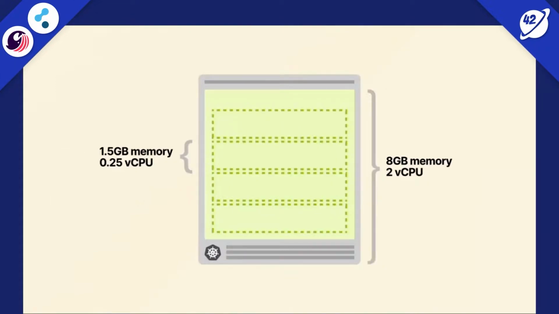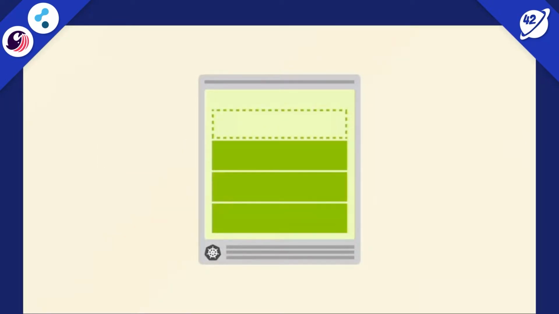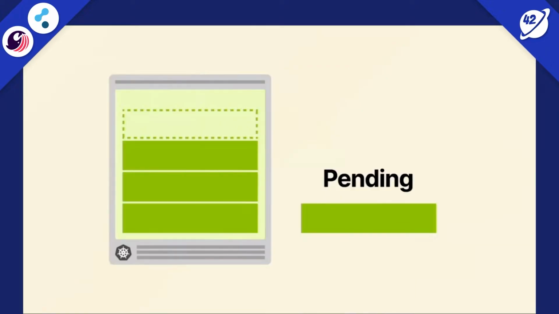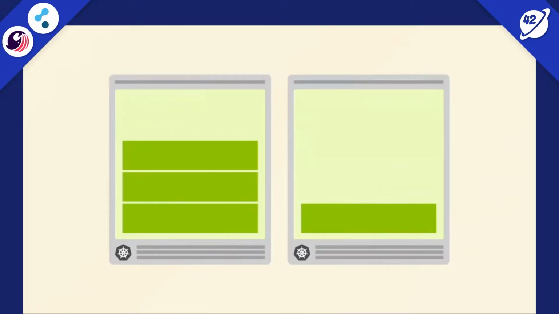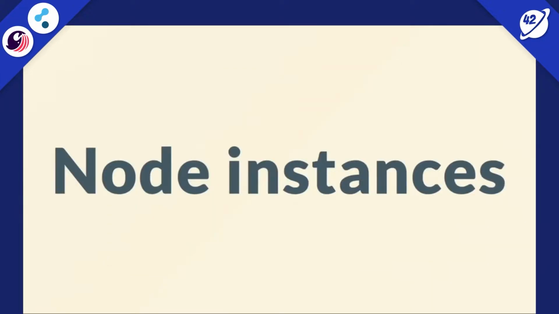So you'd be forgiven for thinking that if you get an 8 gig RAM and 2 CPU node from your cloud vendor, you could deploy 4 pods that are 1.5 gig RAM and need a quarter of a CPU. However, it's not quite so. One of those pods would remain pending, which, if configured, will of course cause the cluster autoscaler to go and create a new node, and then eventually your workload becomes scheduled. But why is this?